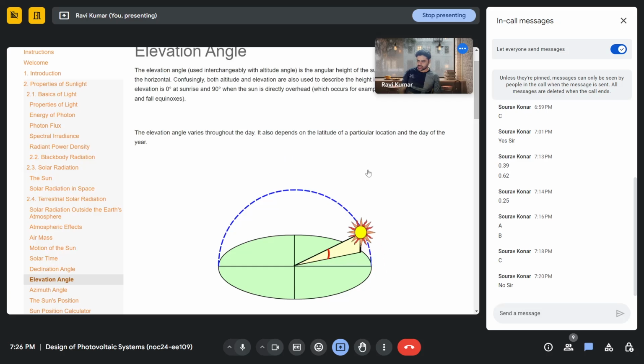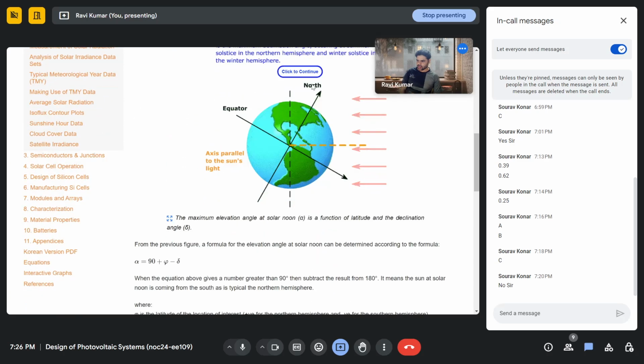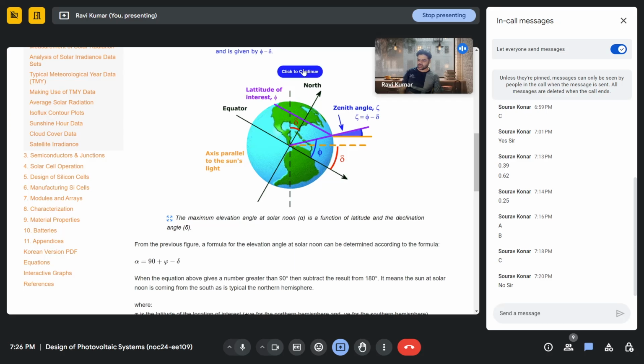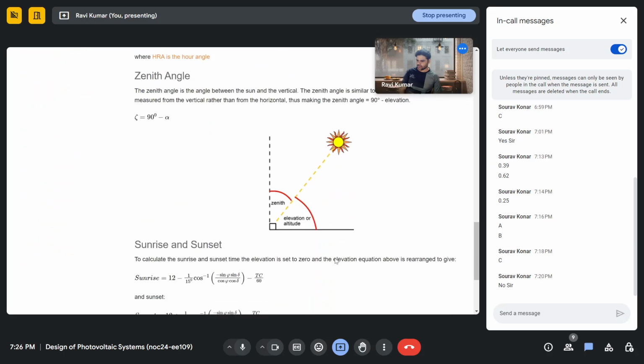See, the elevation angle, how the sun goes up, then afternoon, sunrise and sunset, how it looks, how the radiation comes, what the zenith angle is, how it changes, and the relation between zenith and elevation. All the things are there.